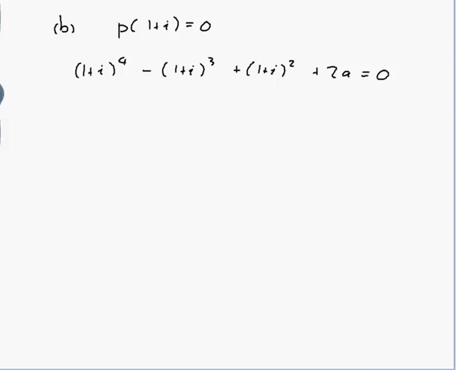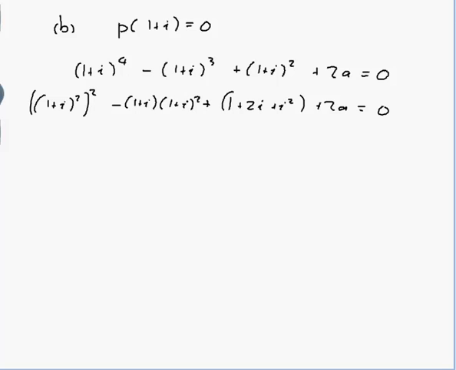Okay, so right, well let's do the 1 plus I squared. That would be 1 squared plus 2I plus I squared, plus 2A is 0. And the 1 plus I cubed would be 1 plus I times 1 plus I squared, and the 1 plus I to the 4 would be 1 plus I squared squared.